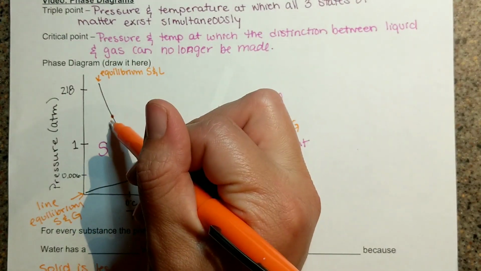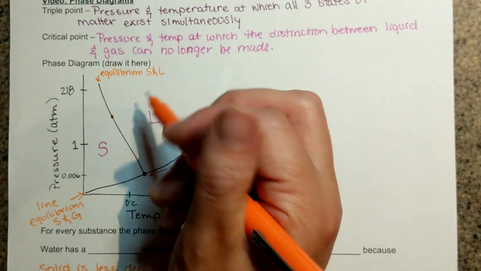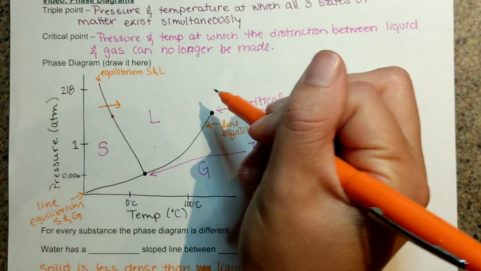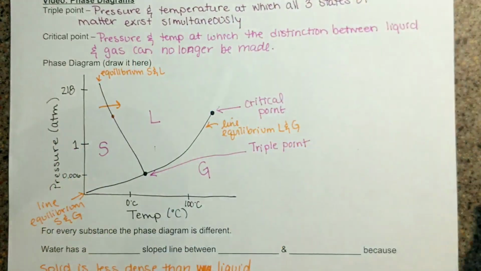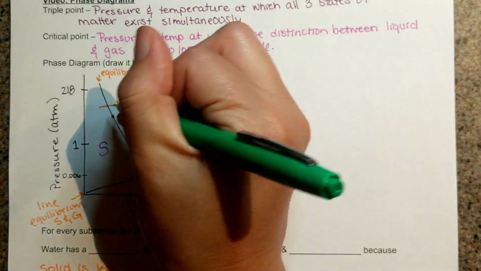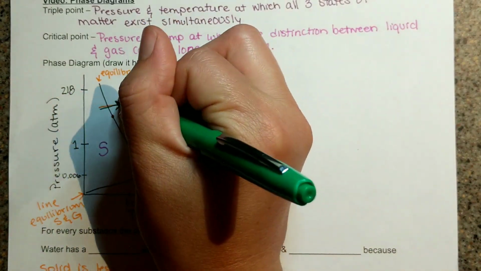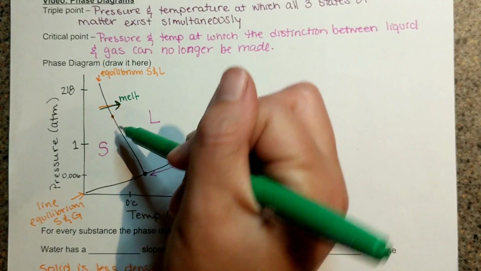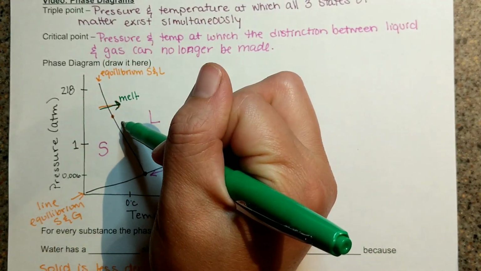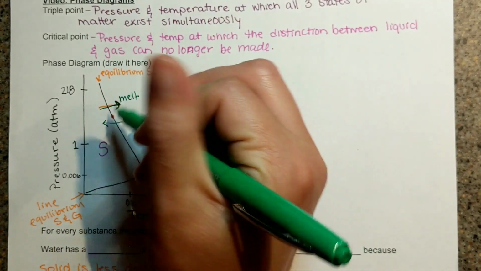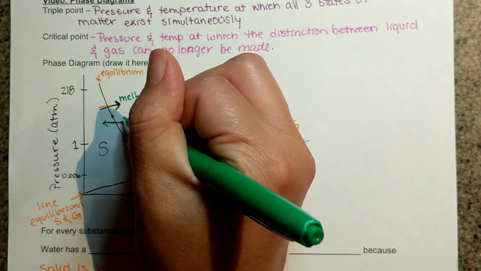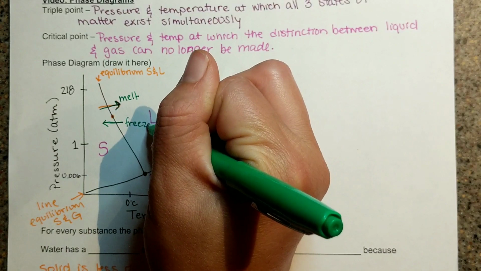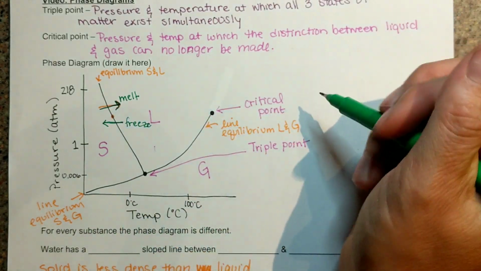So that means that if I'm on this line, my substance is part solid, part liquid. If I go across this line to the right, from solid to liquid, I will have melted. And if I go the opposite way, at a constant pressure but decreasing my temperature across this line here, I will freeze.